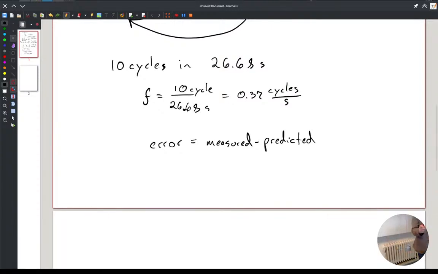So it's going to be measured minus predicted. And if we want to talk about relative error, then we can do exactly what you were saying, where you divide by that. I would say this one is up to interpretation. Me personally, I think if you actually measure something, that's a true value. There might be errors in how you measured it, like maybe I'm not very good at counting, or maybe my timer was not quite accurate, but it's a real result.